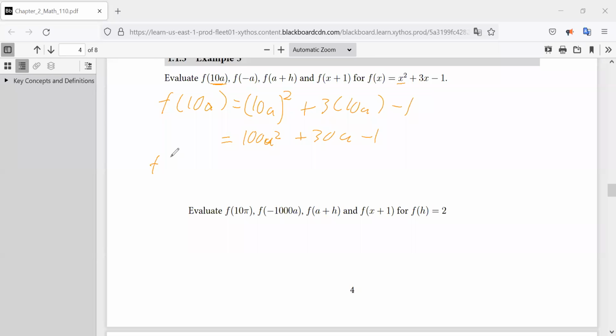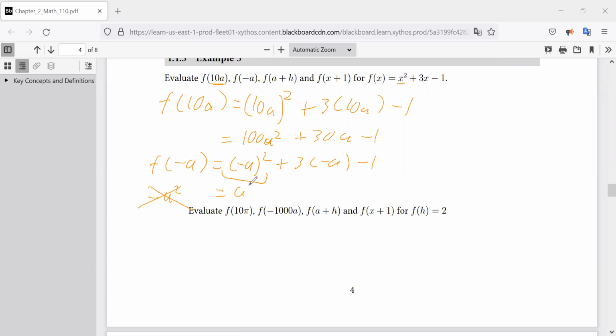So if we do f of negative a, what's that going to be? Negative a squared plus 3 negative a minus 1. Depending on, it's a bit ambiguous when you're speaking it. You can either mean that as negative a squared or like this, because these are not the same thing, right?